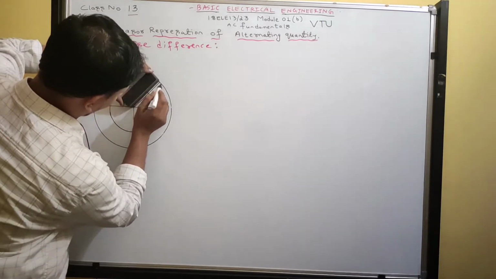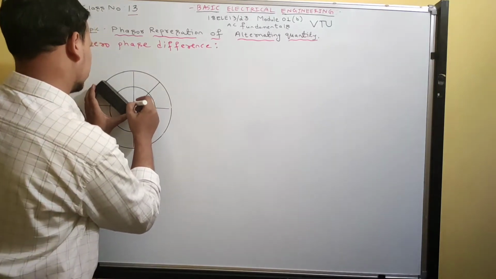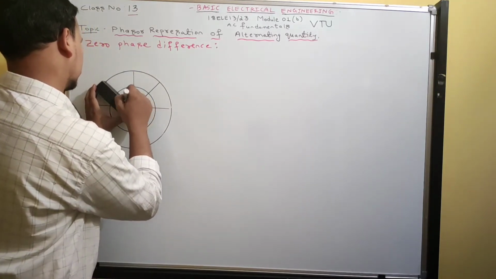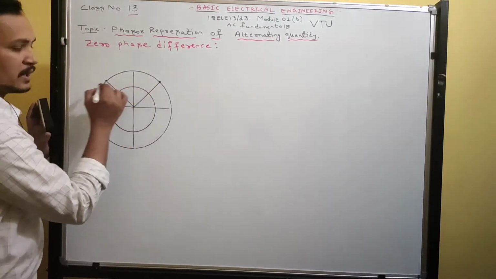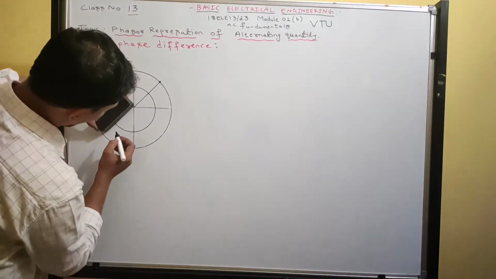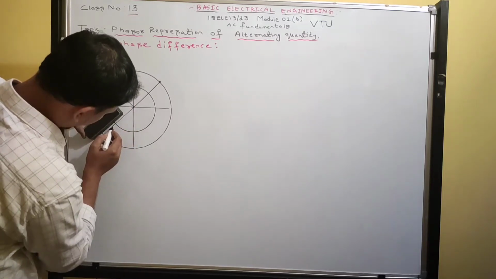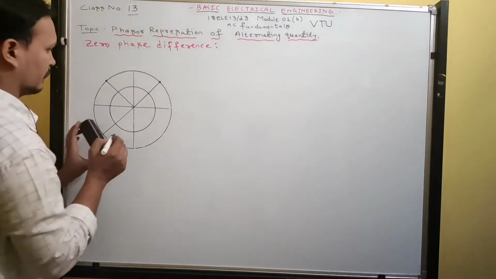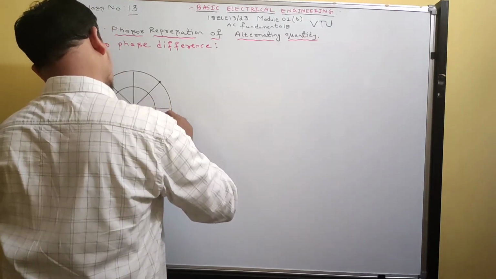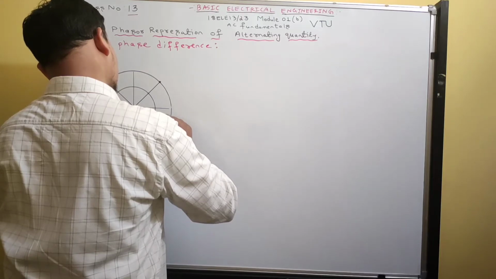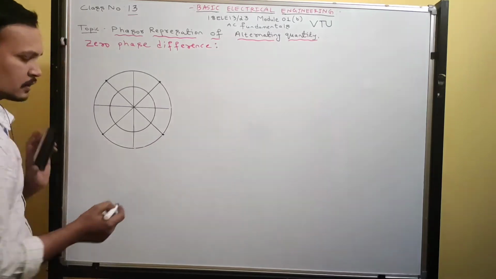Write 45 degrees, 45 degrees, like that. Once you have drawn, this magnitude and this magnitude will both be the same. Now this point and this point should be the same.